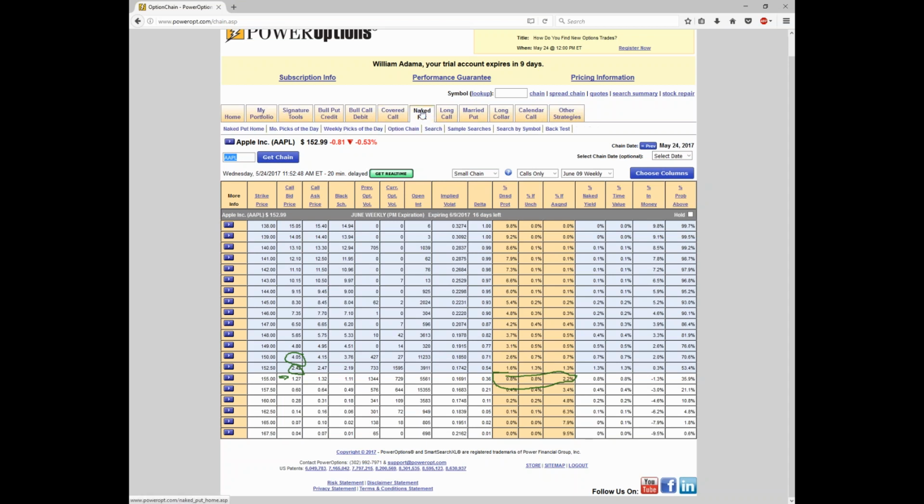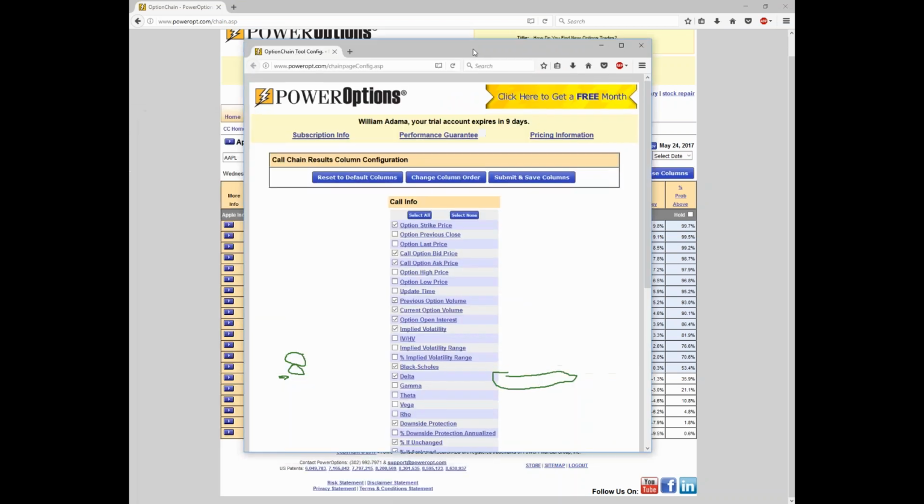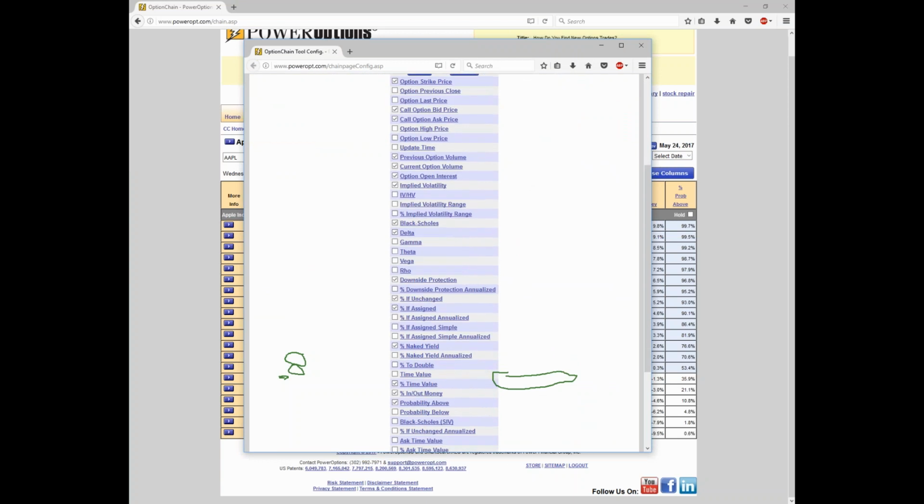Right underneath you just go to the option chain there, and as I mentioned, at any time you can click on choose columns in the call chain or the put chain, so you can quickly choose if you wanted to see such things as the different Greeks that are available, delta, gamma, theta, vega, and rho, annualized returns, annualized return if assigned, time value, probabilities, IV ratios, Black-Scholes ratios for overvalued and undervalued, of course, last, option high, option low, volume, open interest, percentage option volume, and more.